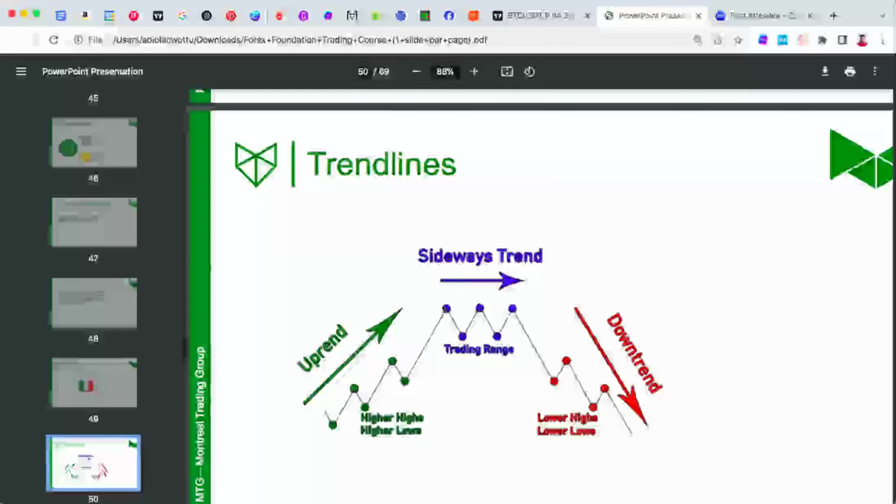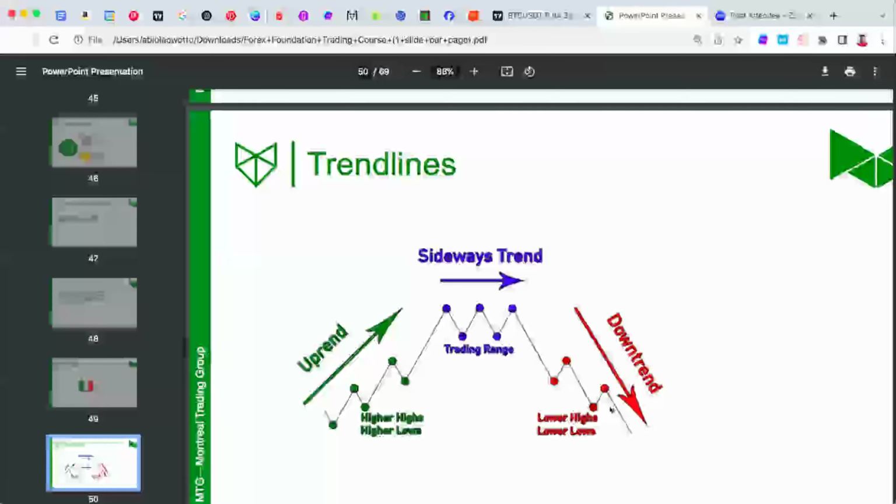Here the highs and the lows are equal, so we call this the market moving in a range, a sideways trend. Now, if the market is moving bearish, going downward, that is when we call it a downtrend.